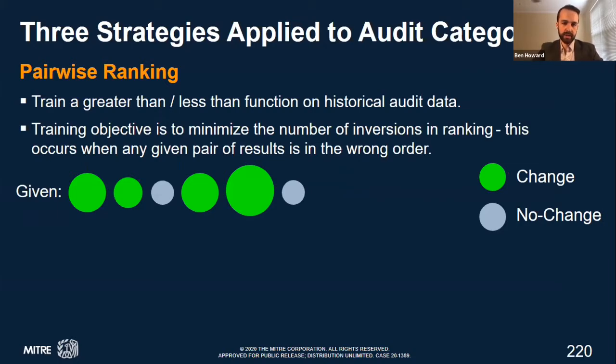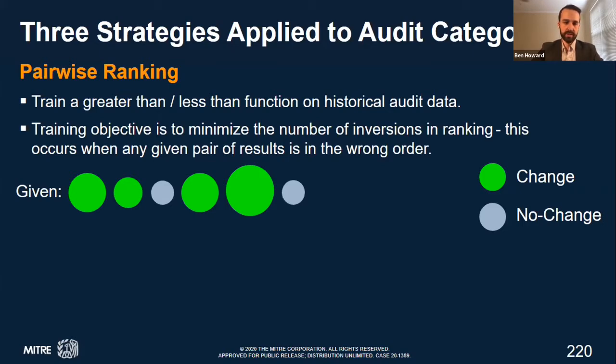And the way pairwise ranking goes about this problem is that it essentially trains a greater than or less than function on historical audit data. During training, the objective is to minimize the number of inversions in ranking, which occurs when any given pair of results is in the wrong order.